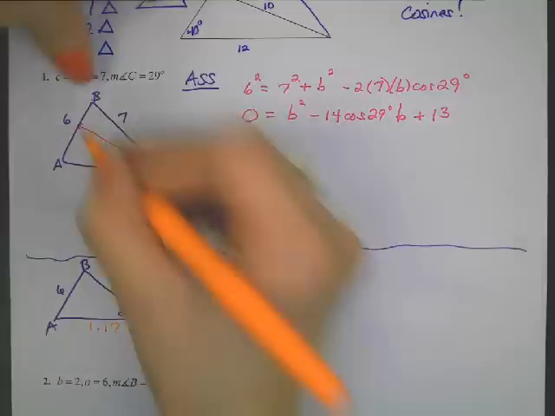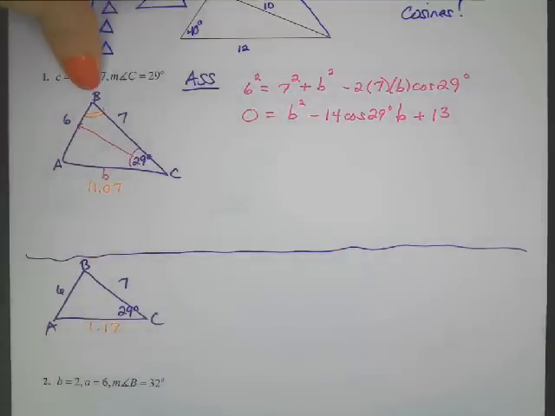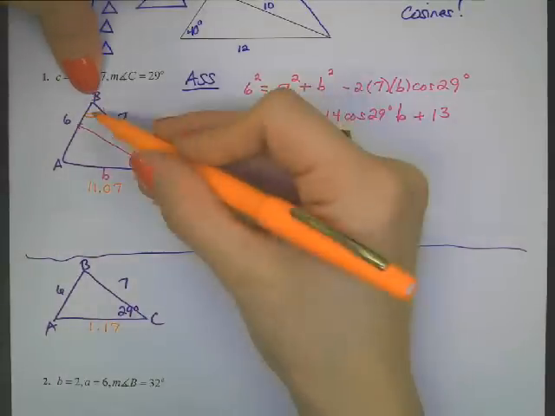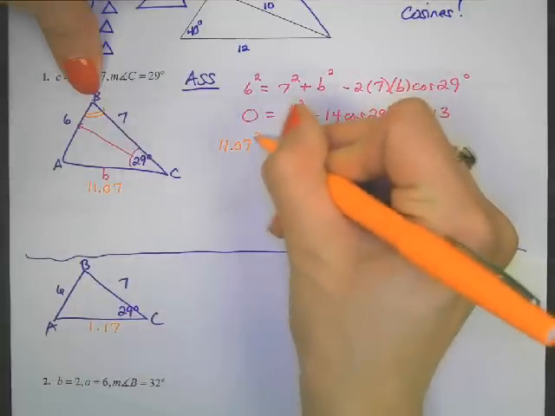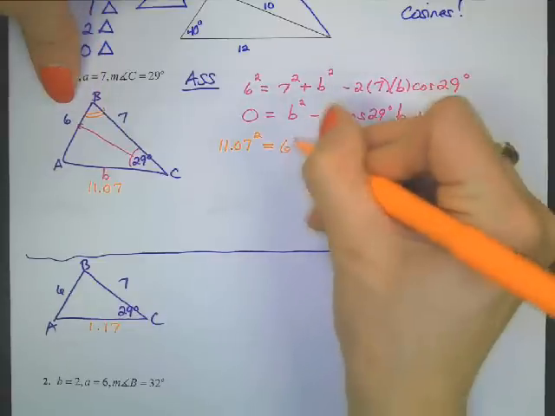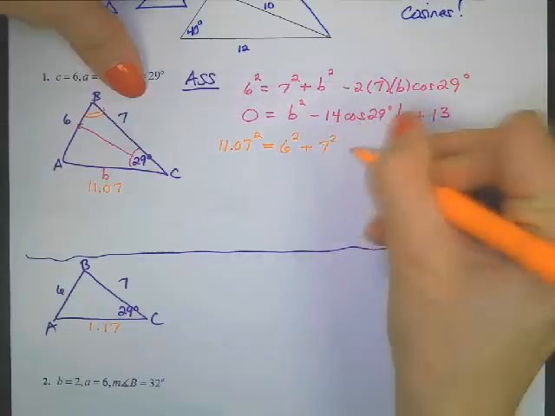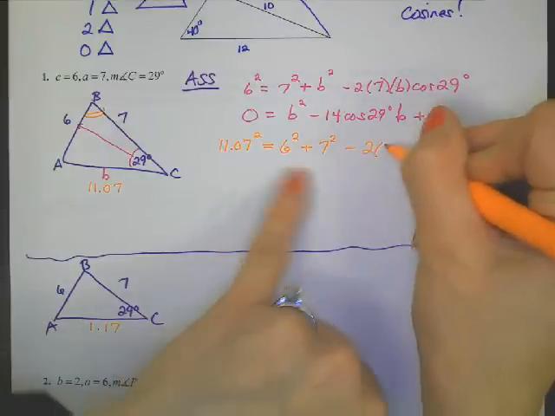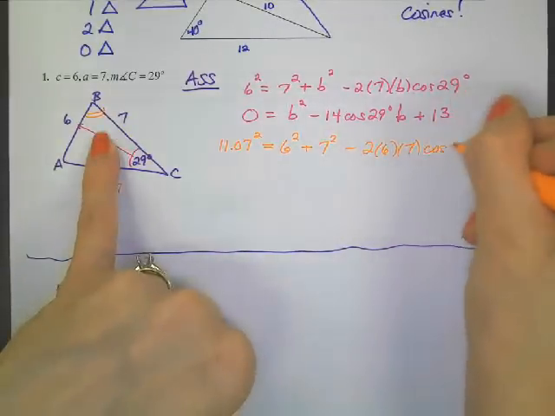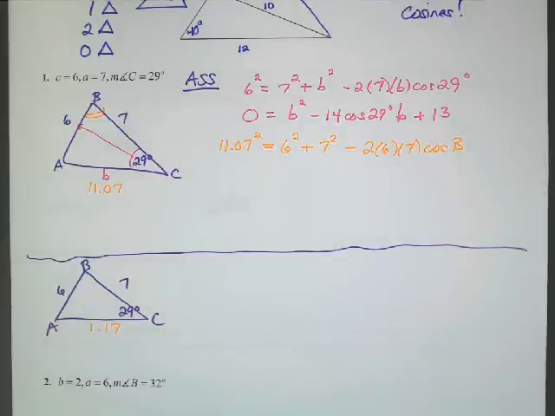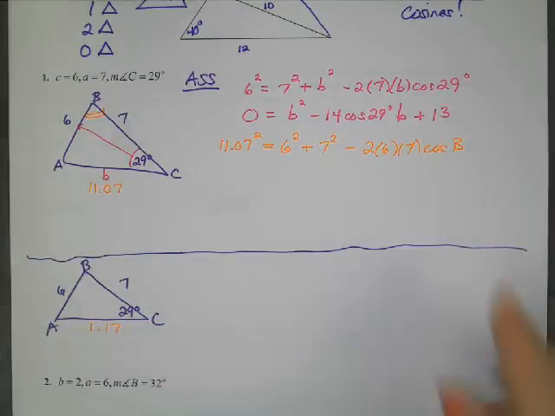The next one I'm going to go for is angle B. If you're going for angle B, then you're going to have to go across the triangle and start with that side. 11.07 squared equals 6 squared plus 7 squared minus 2, a 6, a 7, and we're going for cosine of angle B. All right, that's all the work you really need to do for that one.